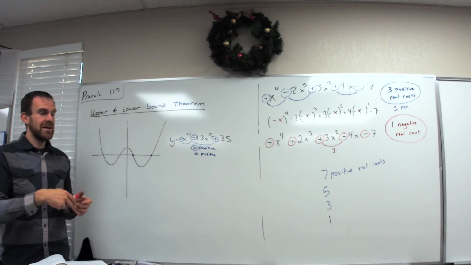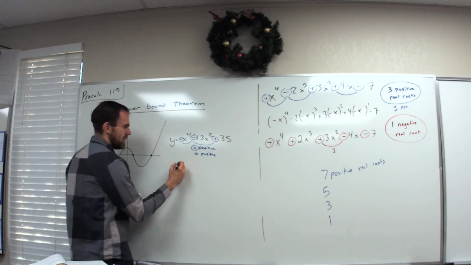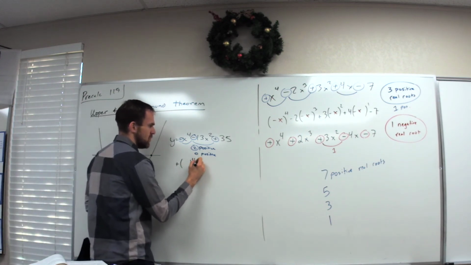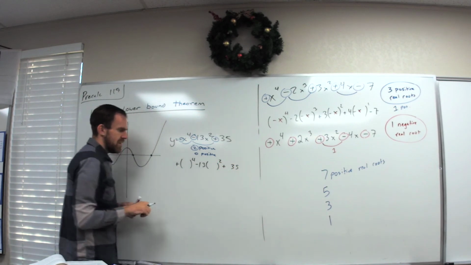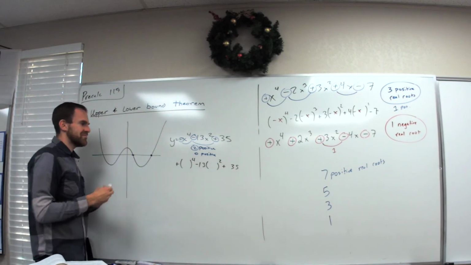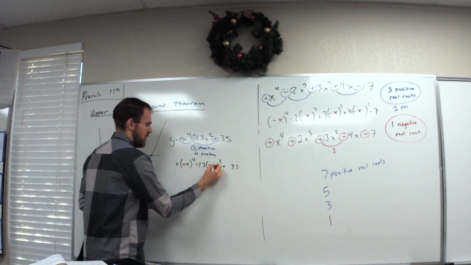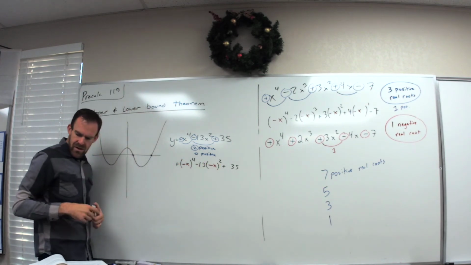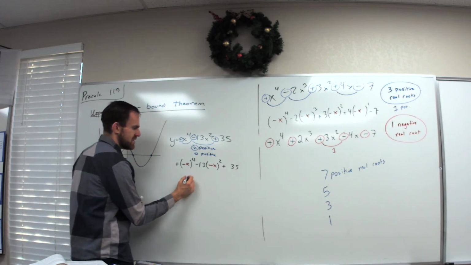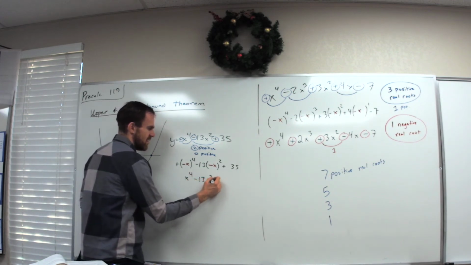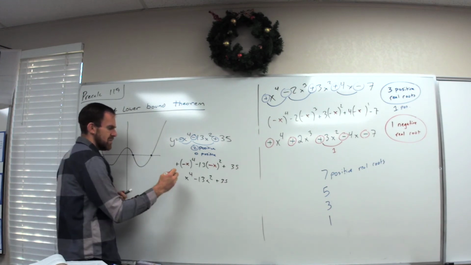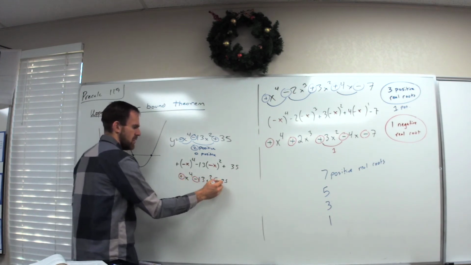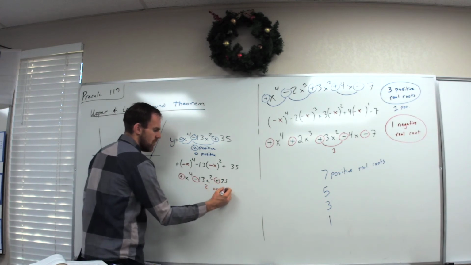And then I'm going to plug in negative x. Let's see what happens. So I have plus x to the fourth minus 13x squared plus 35. Since these are all even powers, nothing's going to change. These negatives go away, and I'm left with x to the fourth minus 13x squared plus 35. So we have a plus minus plus again. So I have 2 or 0 negative real roots.